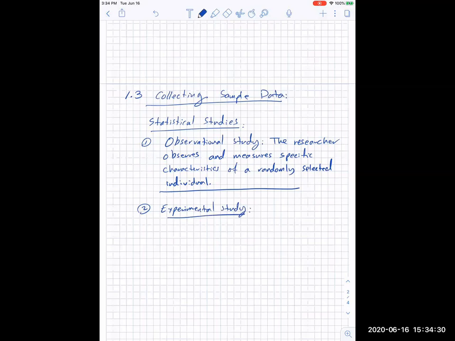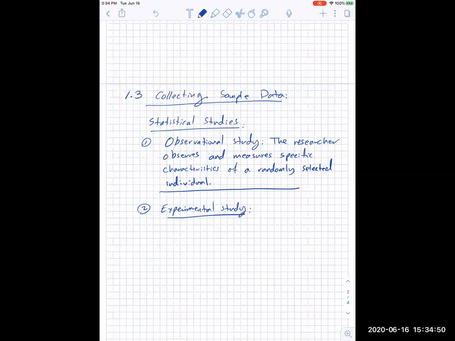In an experiment, the researcher applies some treatment and then continues to observe the effect of the treatment on the individual.